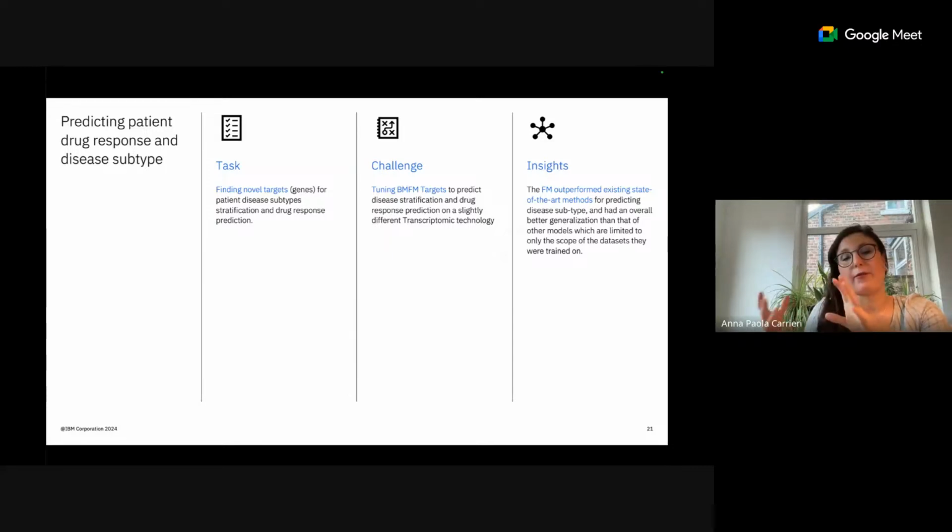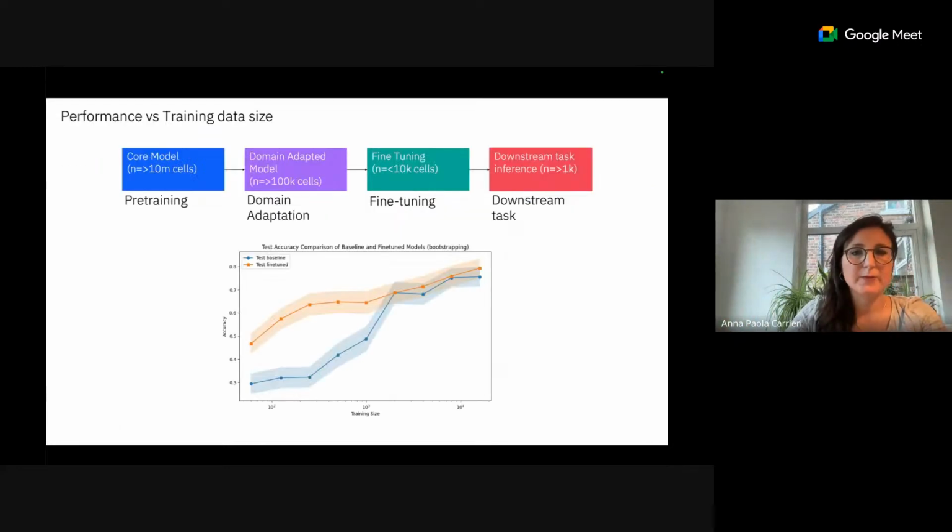So we have our biomedical foundation model, trained on single cell transcriptomic data, adapted to bulk RNA data, adapted to the domain of predicting disease subtype for that particular disease, and then finally fine-tuned to predict, say, Crohn's versus colitis, or a specific drug response, and then used for inference with our small cohort of, say, 25 or 50 patients.